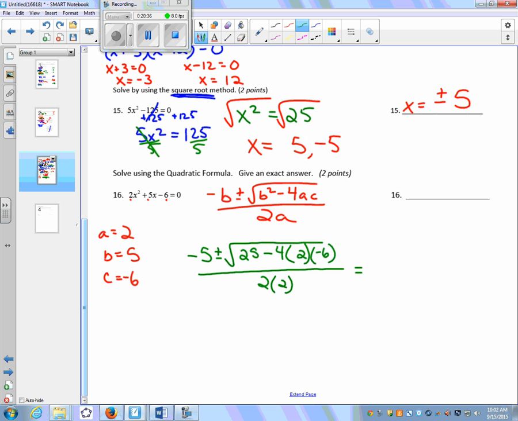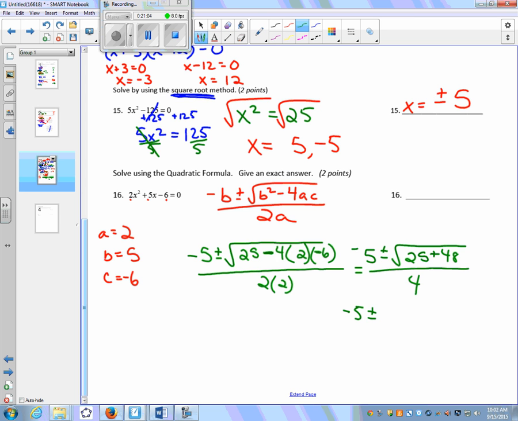Inside this parenthesis we have 25 minus, and then there's a 4, a 2, and a negative 6. We have a negative here and a negative here. That's going to be a positive, so this becomes negative 5 plus or minus the square root of 25 plus 4 times 2 is 8 times 6 is 48 all over 4. 2 times 2 is 4.